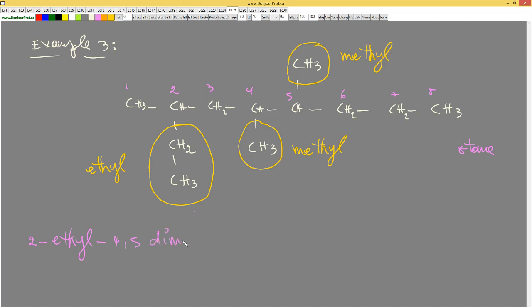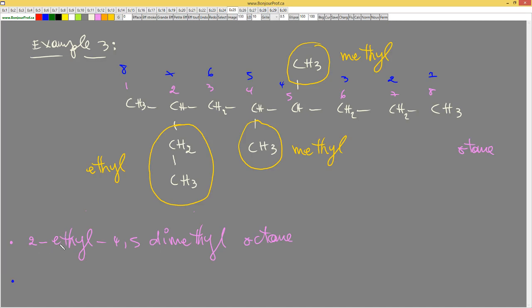Dimethyl octane, because I have two methyls. This is the name. Now we have to check. Maybe the other side is the good one. 1, 2, 3, 4, 5, 6, 7, 8. So I'm going with the blue color now. The name will not change, only the numbers.